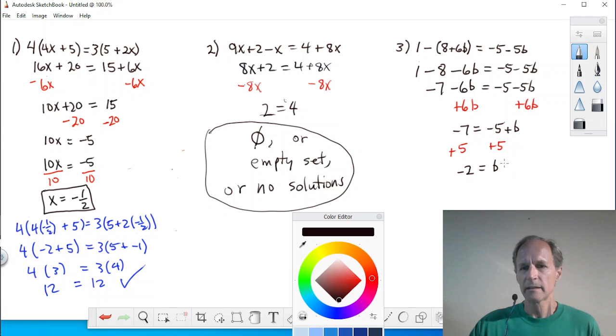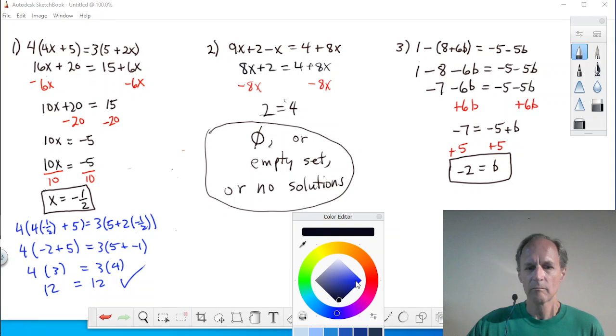And we have b equals negative 2. We'll plug that in and make sure it's right.